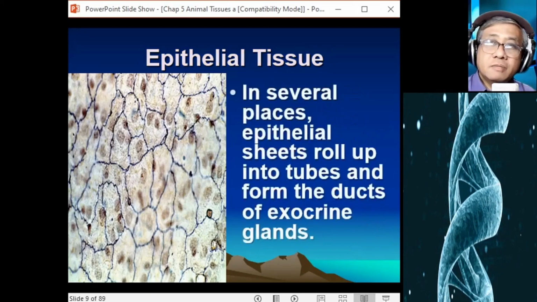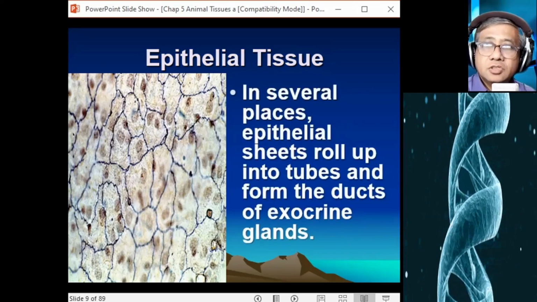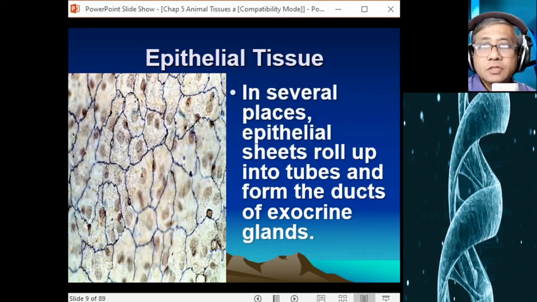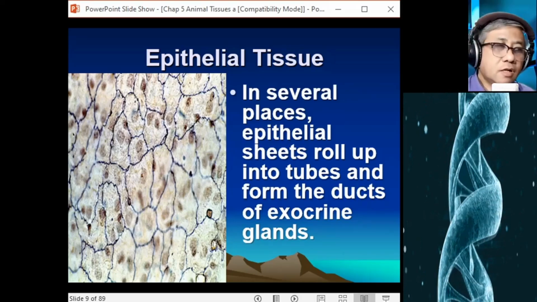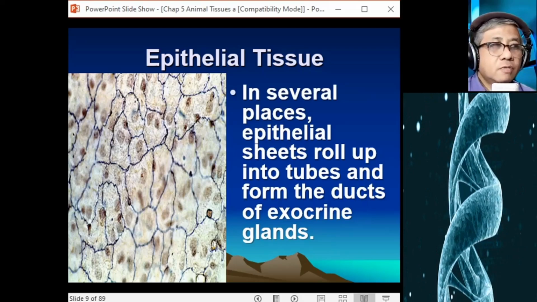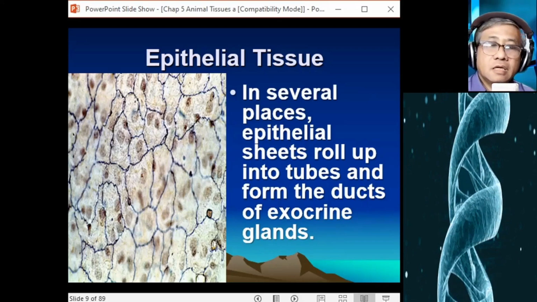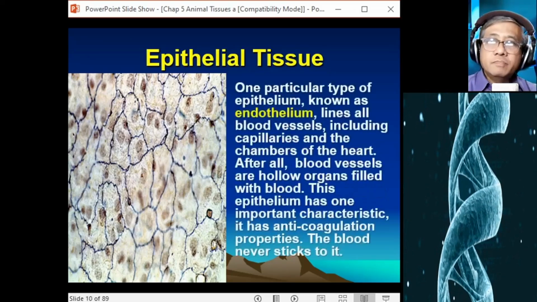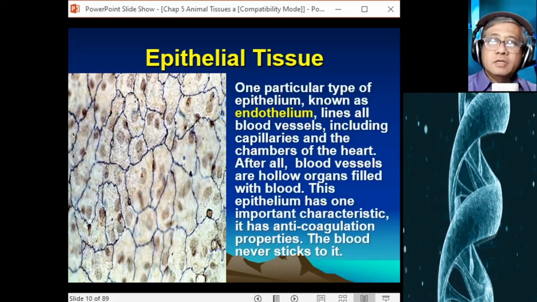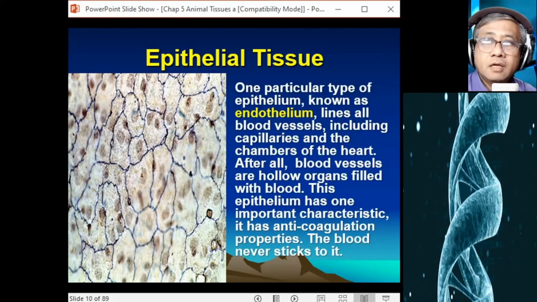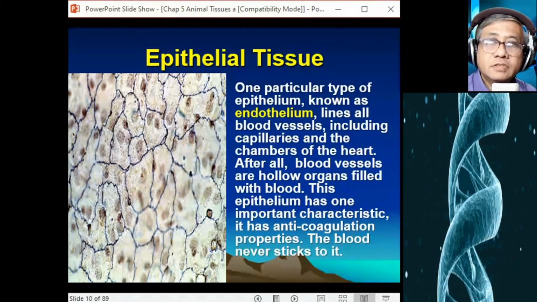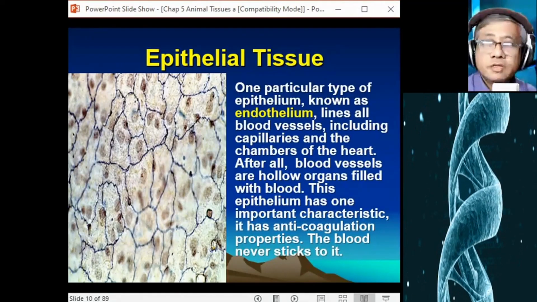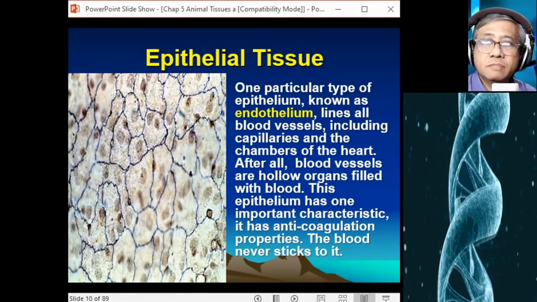Alright, so in several places in our body, epithelial sheets roll up into tubes. So you can imagine, these cells are rolled up into tubes and form ducts of the exocrine glands, like the sweat glands or even the kidney tubules. The kidney tubules are made up of this type of epithelial tissue. And one particular type of epithelium known as the endothelium lines all blood vessels, including the capillaries and the chambers of the heart.